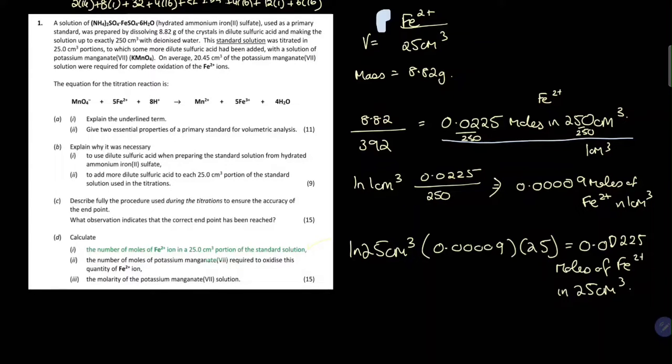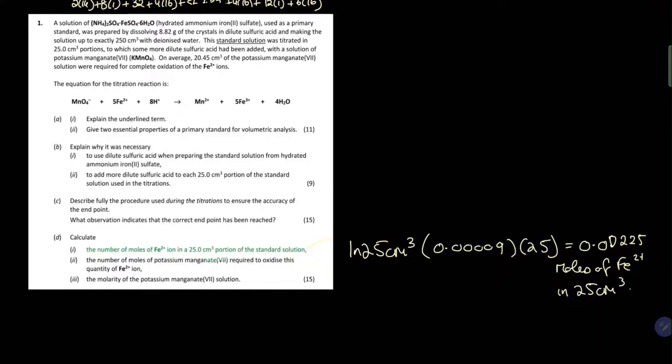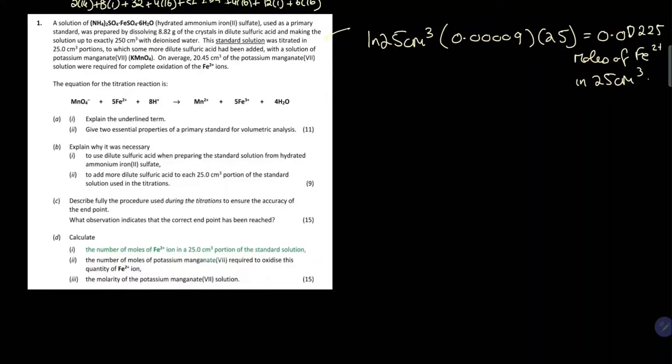Number 2, the number of moles of potassium permanganate required to oxidize this quantity of the iron. So remember stoichiometry. We're going to take the ratio of the reactants and take a look at that. So MnO4 minus reacts with iron in a 1:5 ratio.